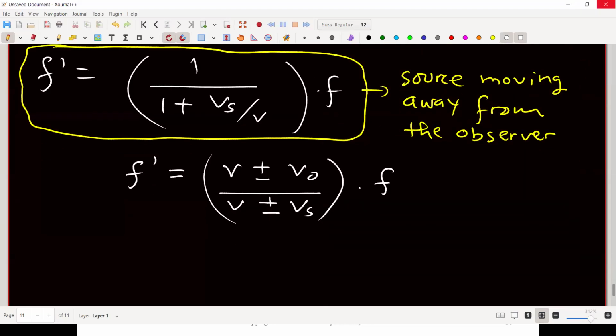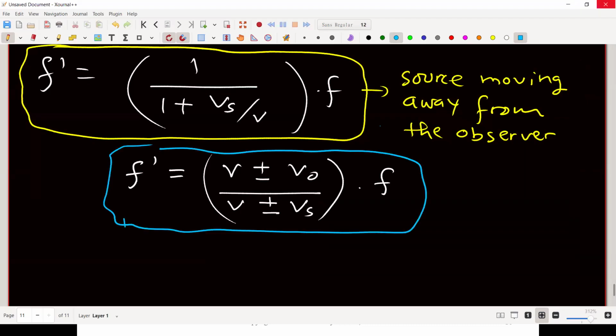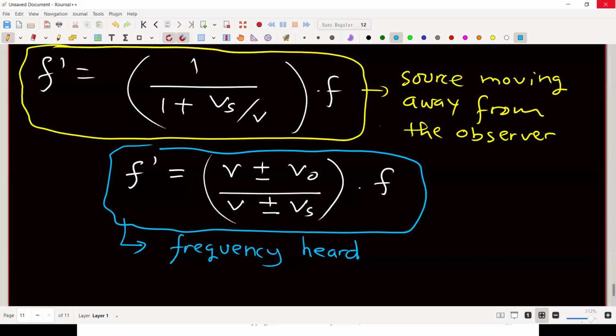This one is if the observer and the source are both in motion.